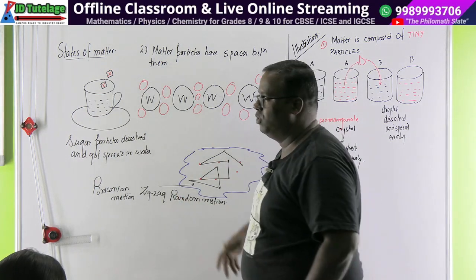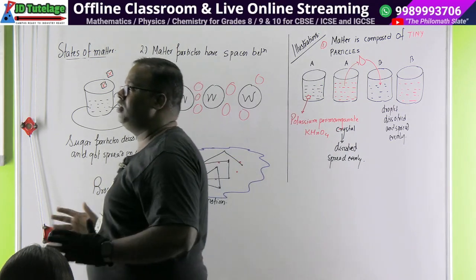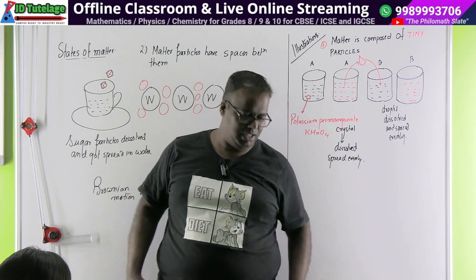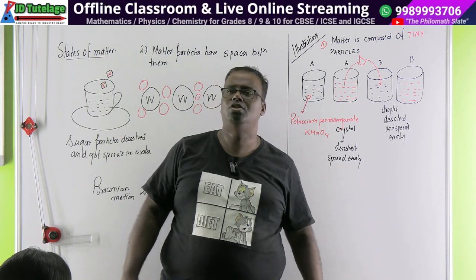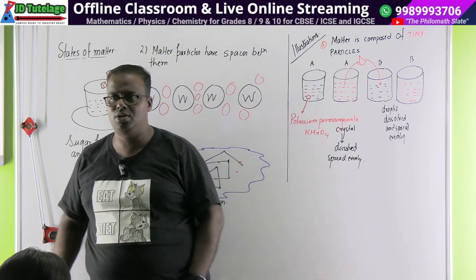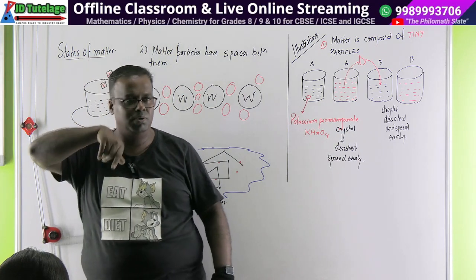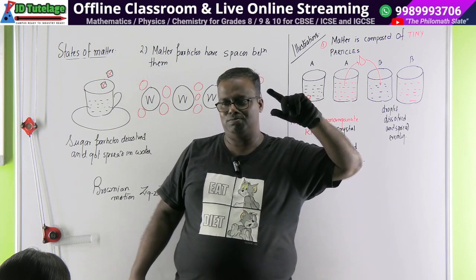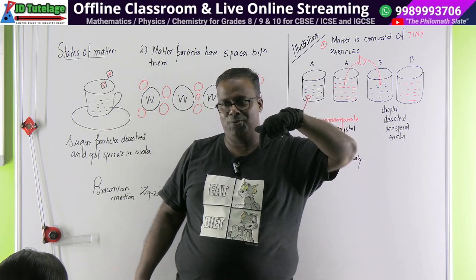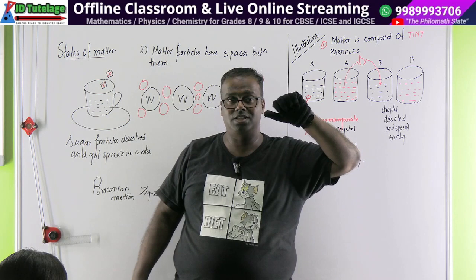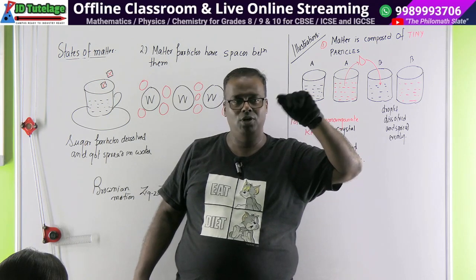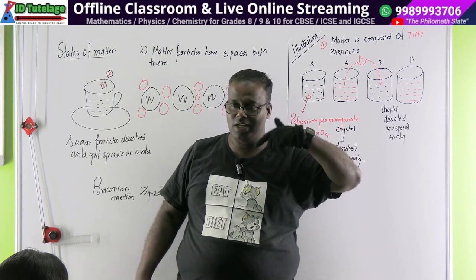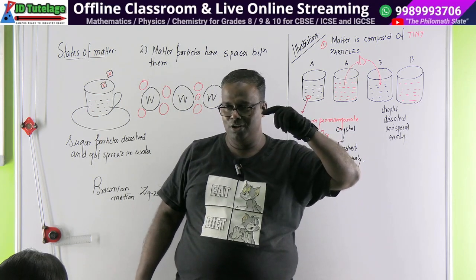So let us take one more illustration. Say suppose we are in a football field and the match has not yet started and the team is practicing. They have a soccer ball and they just dribble the soccer ball. Somebody is hitting it from here to here. It's a random dribbling going on. You're not playing a match. Now compare this example to what I said right now. Okay, participate in the discussion. Make the football your pollen. So some football players are there who are kicking that particular football.